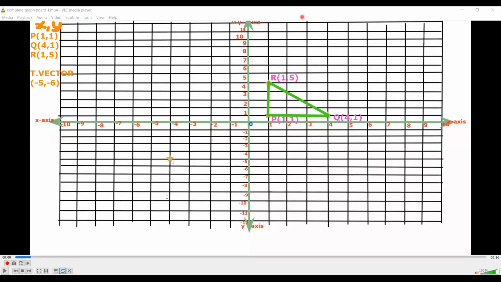Let me write the coordinates. So here will be P' or P prime, formed by -4 and -5. When you add them, you still get -4 and -5. You can also do the calculation to check. Okay, because we have already done the calculations, and that is that.